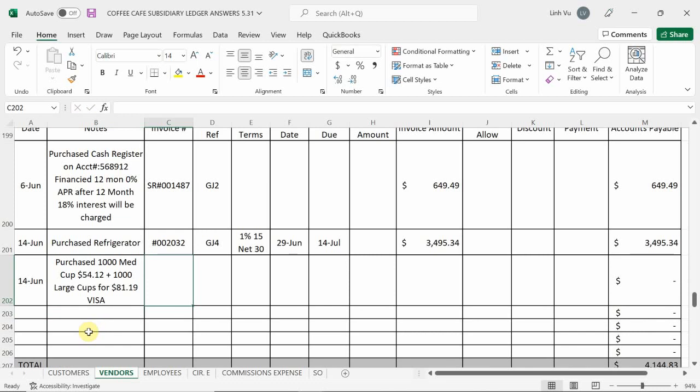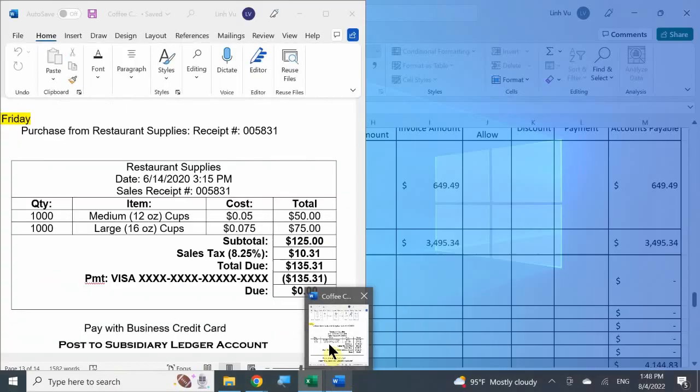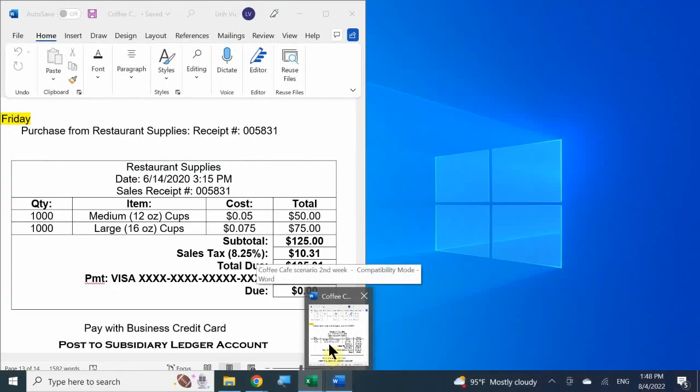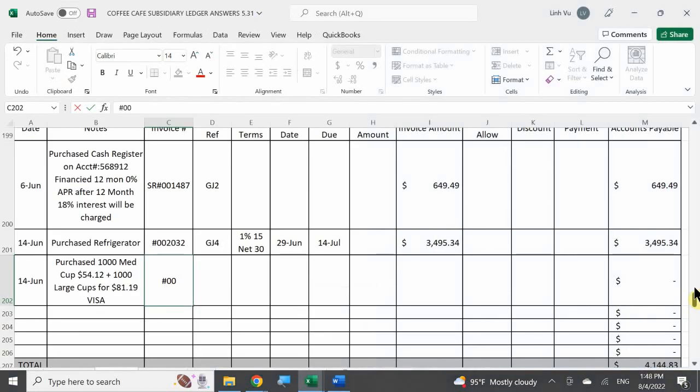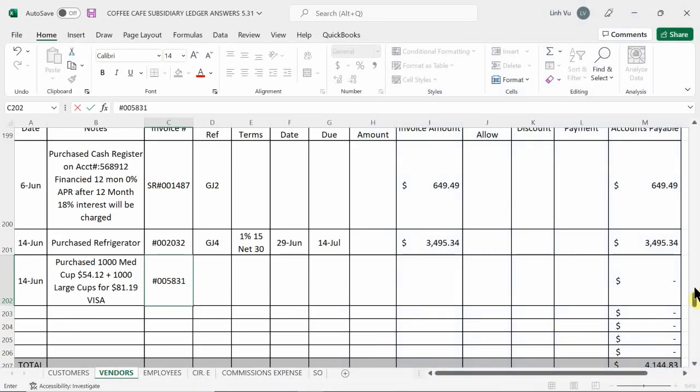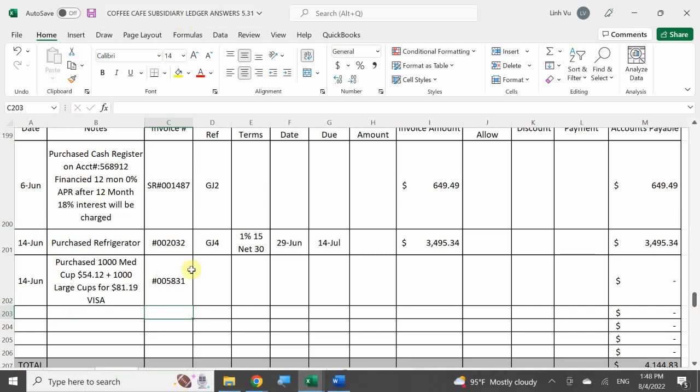And this was sales receipt number 005831. Now in this case, General Journal, page 5 here.